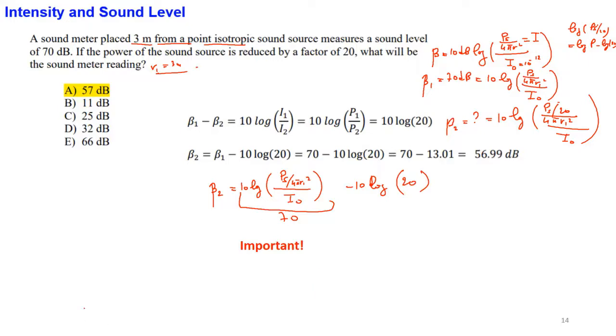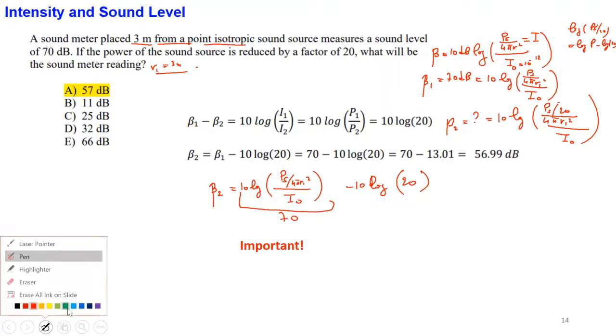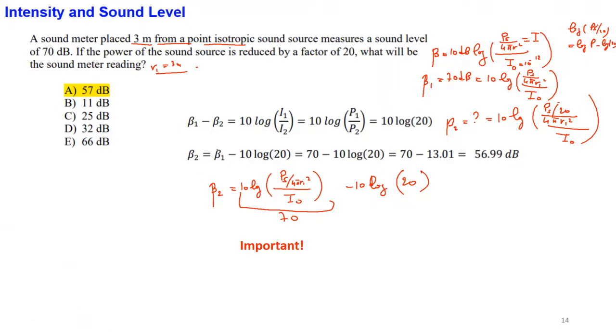It's just math actually. It's not difficult. Math is easy. So I'm just using the log of this, separating this between this and this 20 here. Let me put it explicitly. So basically I have 70 minus 10 log of 20. And this will give you the answer.